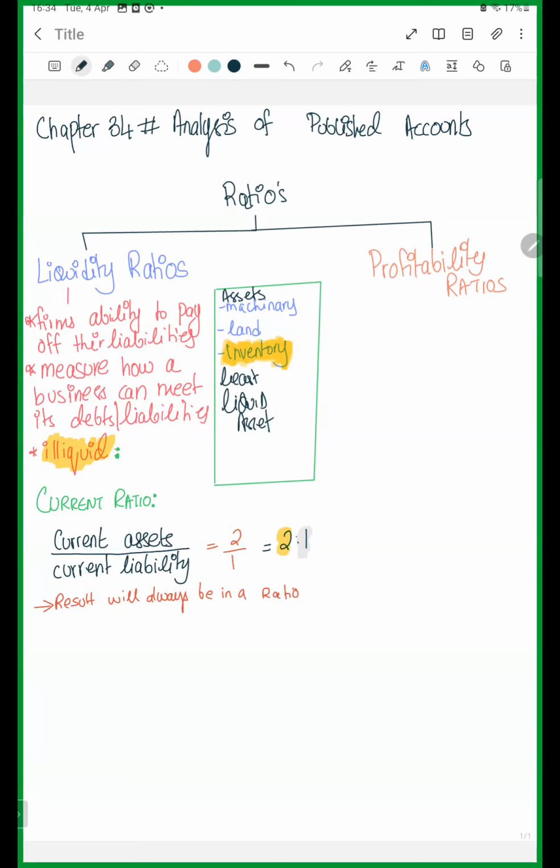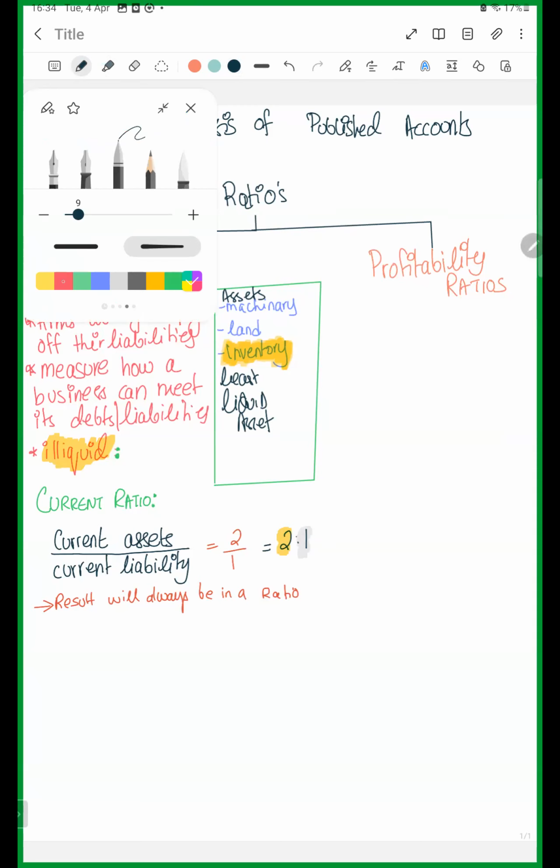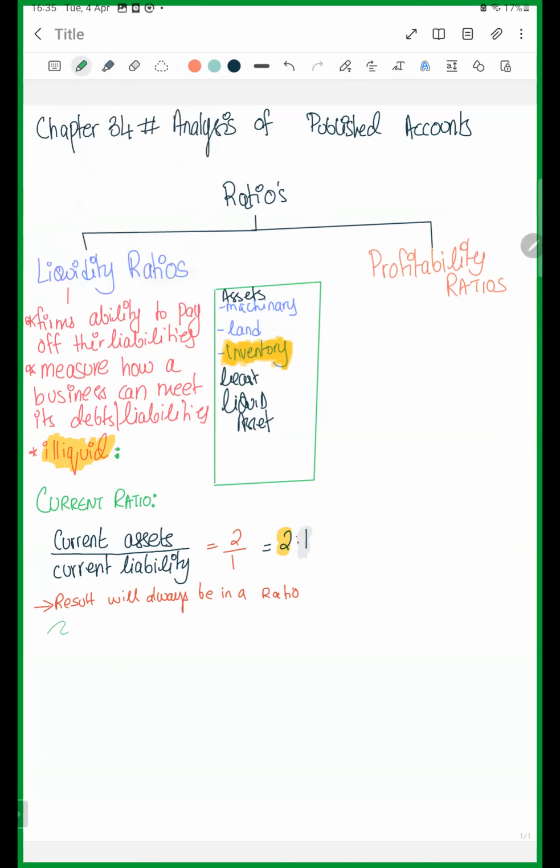Okay, and that brings us to our next ratio, which overcomes the barrier of the current ratio. This is called the acid test ratio.